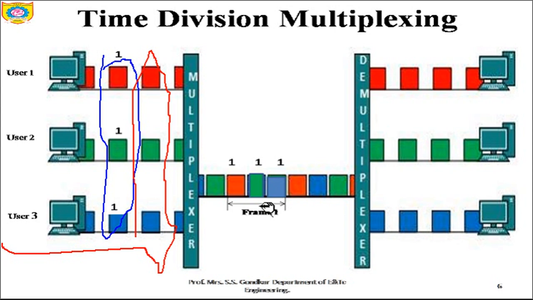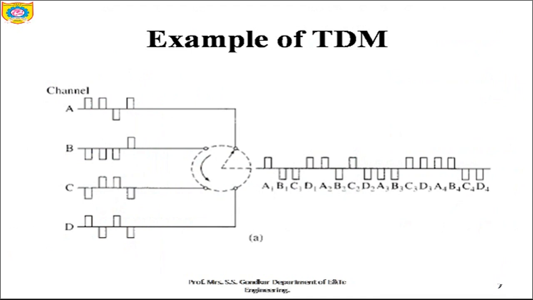So in TDM, the data rate of the multiplexed signal is always n times the data rate of the individual sources, where n is the number of sources available. So you can just see one more diagram. Here I have shown one example of TDM where there are 4 different users.